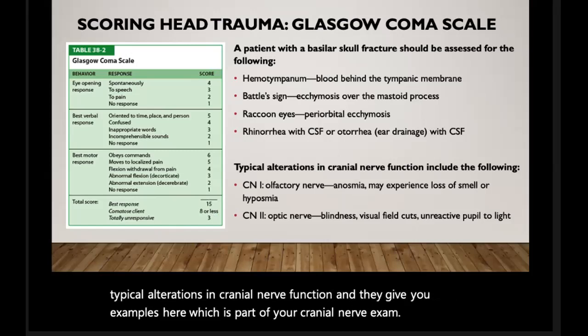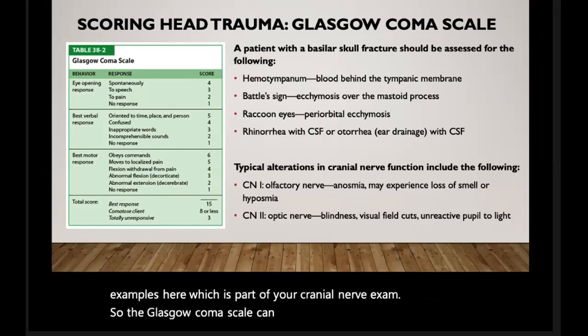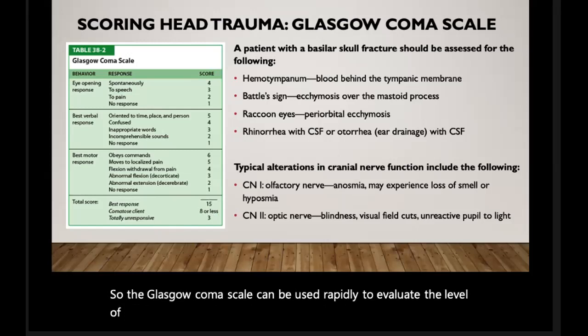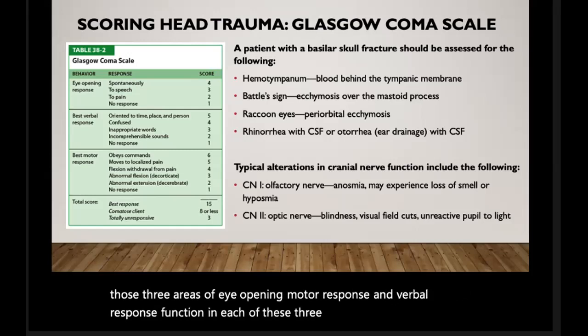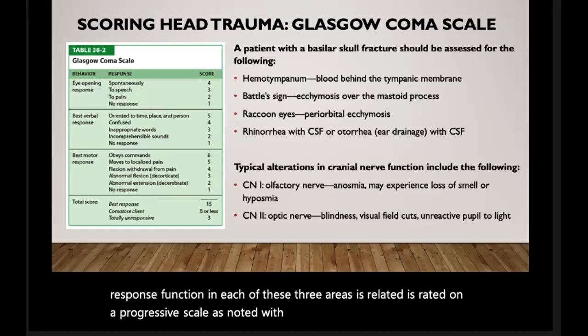The Glasgow Coma Scale can be used rapidly to evaluate the level of consciousness, and it establishes a baseline neurological status in those 3 areas of eye-opening, motor response, and verbal response. Function in each of these 3 areas is rated on a progressive scale as noted, with a maximum score of 15 representing normal neurological function.